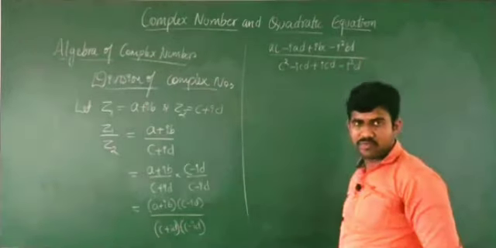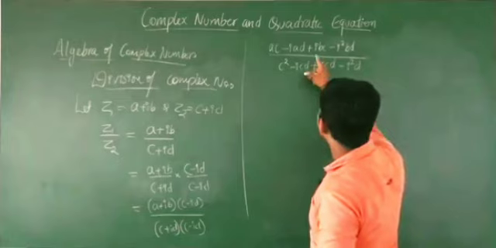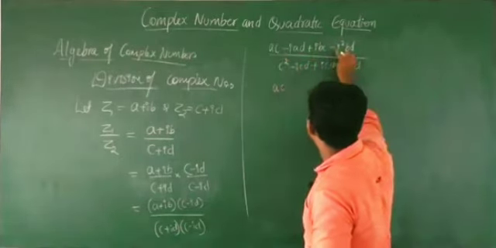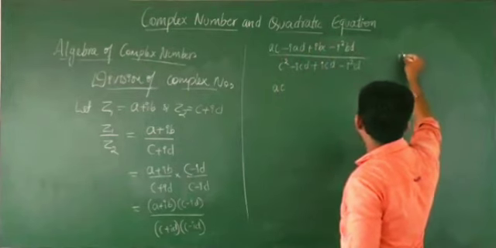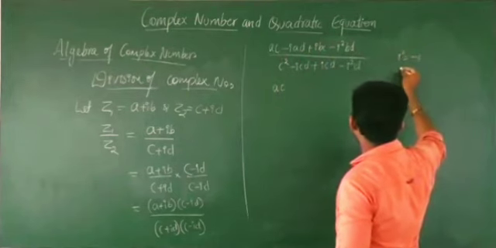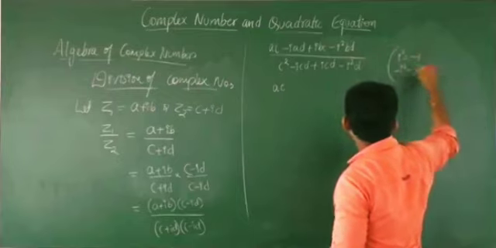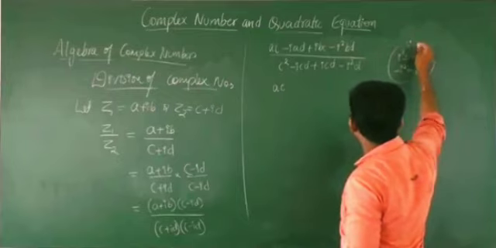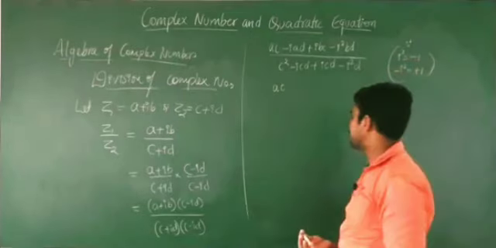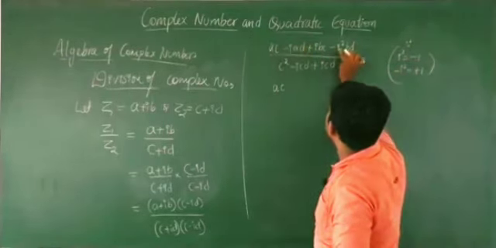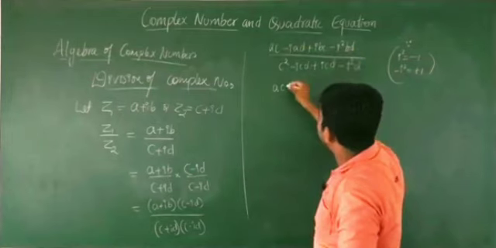Now just simplification. In the numerator you have the real part ac, and i square is minus 1, so minus i square is plus 1. So here it becomes ac plus bd.